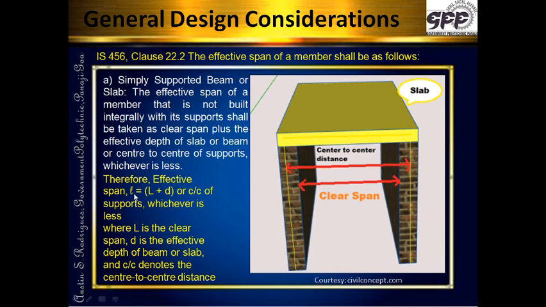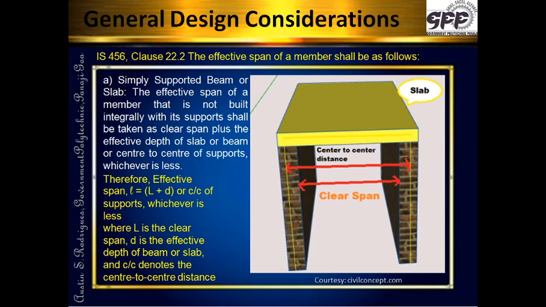Suppose L plus d, the clear span plus the effective depth, is smaller than center to center distance, then the effective span would be taken as clear span plus the effective depth. Suppose the center to center distance between the supports is lesser than the clear span plus the effective depth, then the effective span would be taken as the center to center distance between the supports.